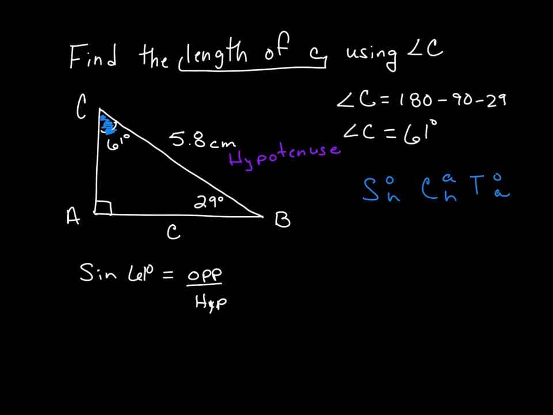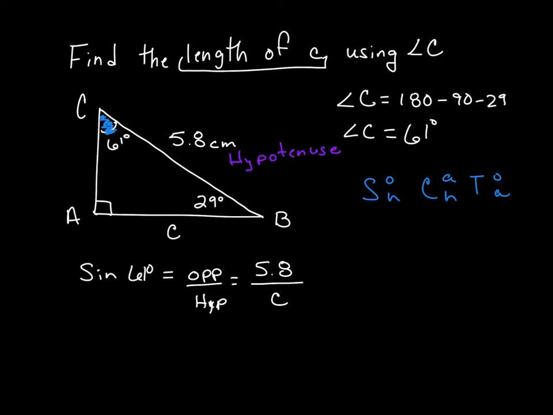The opposite of 61 is the side C that we're looking for, and the hypotenuse is 5.8 centimeters. So I'm going to write that down, and that's the value we'd be looking for.